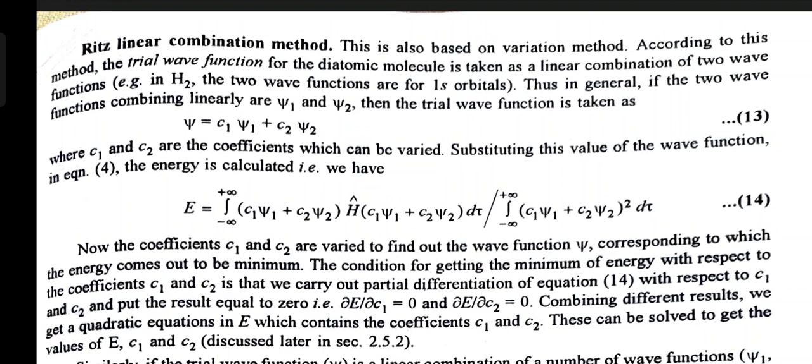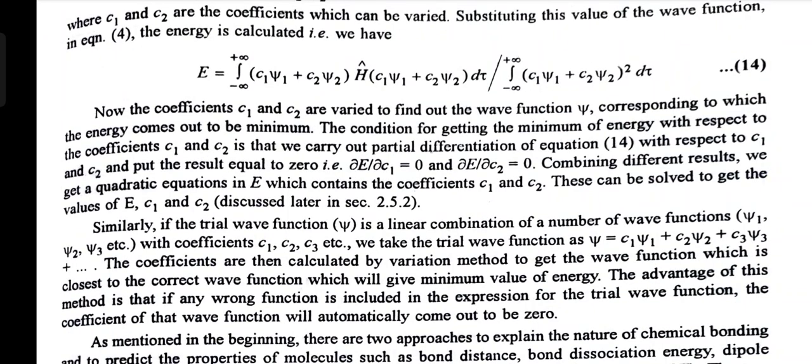This is the 14th equation. Now the coefficients c1 and c2 are varied to find the wave function psi for which the energy comes out to be minimum.